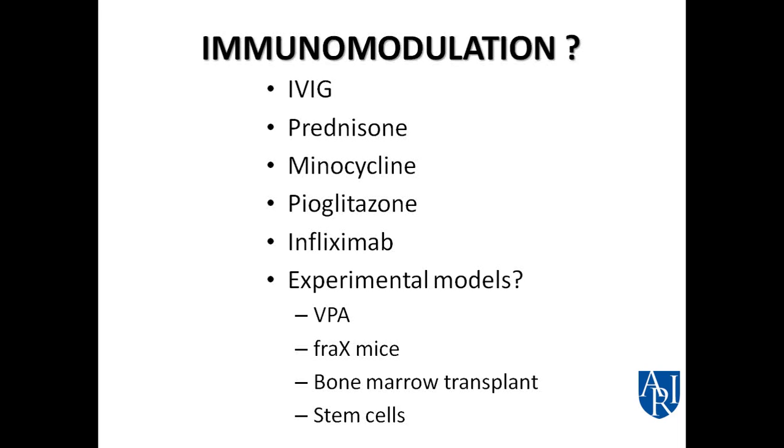Prednisone is a common treatment for immune abnormalities, usually thought of as immune suppression because it suppresses immune responses in autoimmune diseases. And many children have received this, and again, anecdotal reports suggest that it is effective, although it can't be used long-term usually.